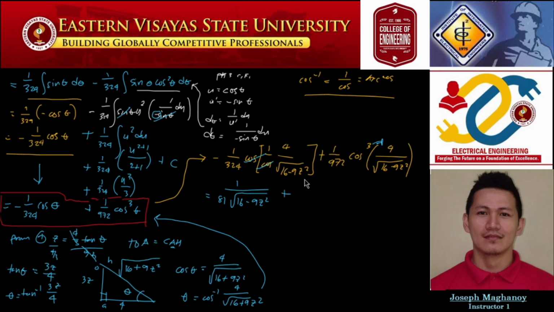So plus the other side: 972 over 4, that is your 16 over 243. Your 1 over square root of, you apply your power, okay? Your cube root will become your cube root.